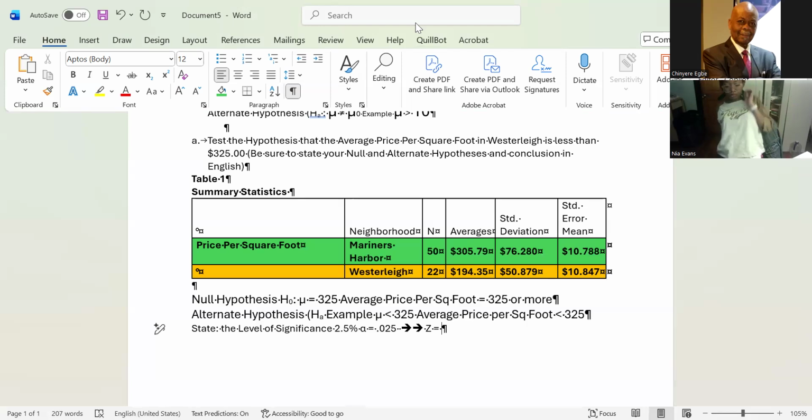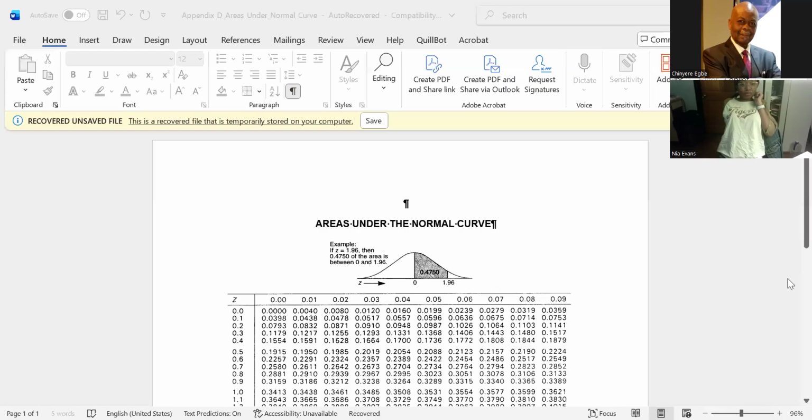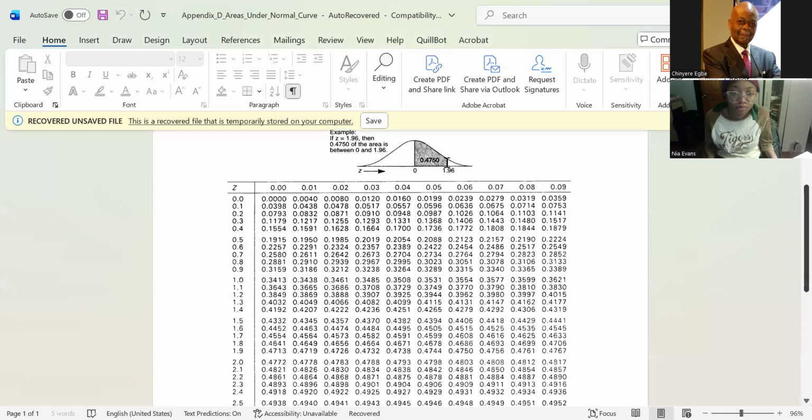let us look at the normal distribution, so I'm going to share the normal distribution table. You can see that the entire normal distribution has an area of 1. The mean value of z is 0 with a standard deviation of 1.